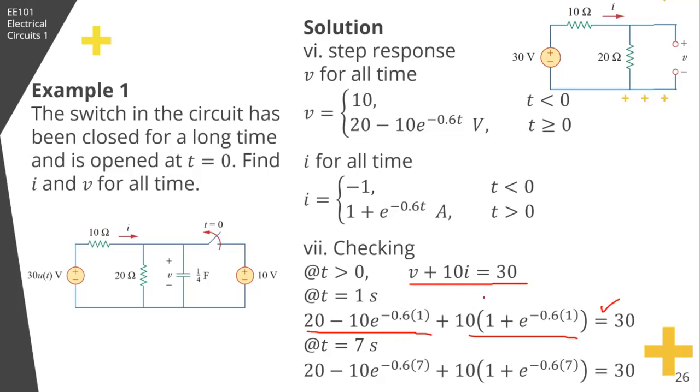Or you can try this: our time constant is 5/3, that is 1.66 seconds. So this is less than 1 time constant.